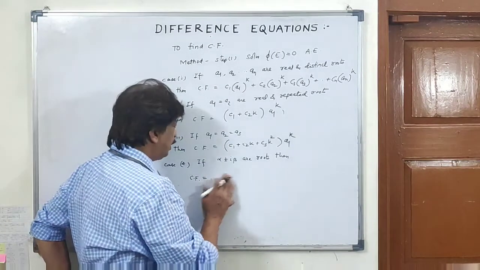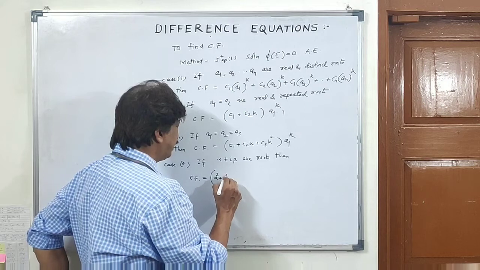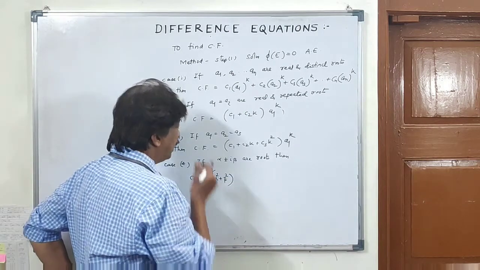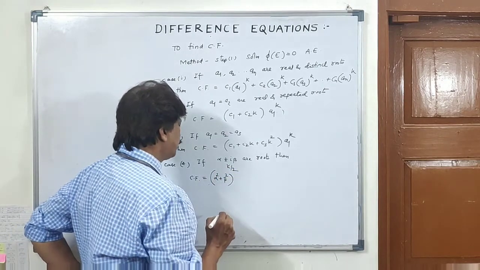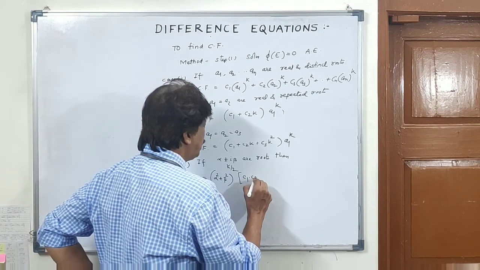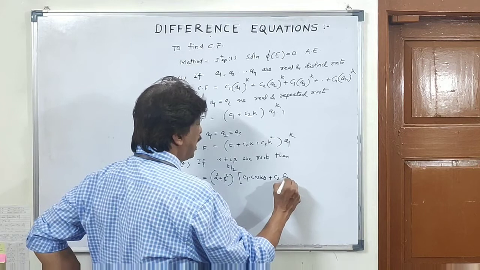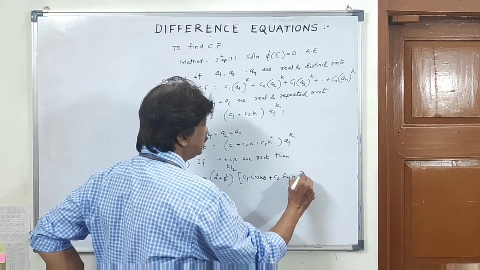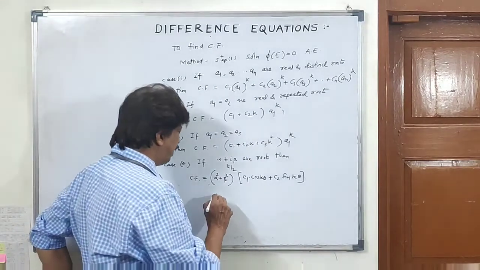It is equal to alpha square plus beta square raised to power k by 2 into C1 cos k theta plus C2 sin k theta. Question is, what is theta? Theta is tan inverse of beta by alpha.